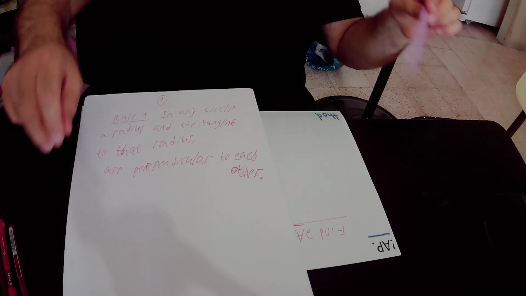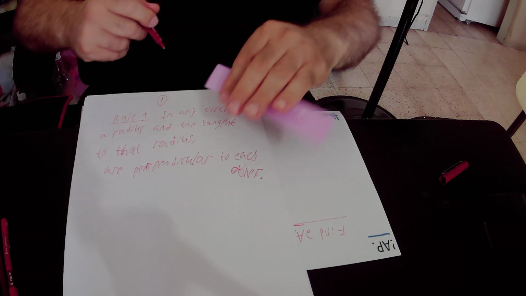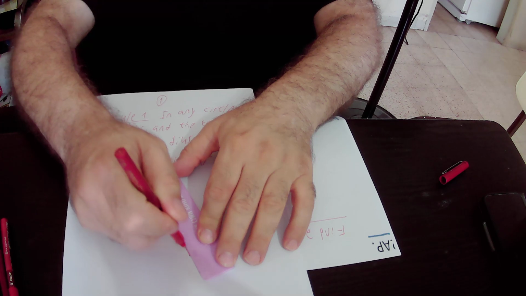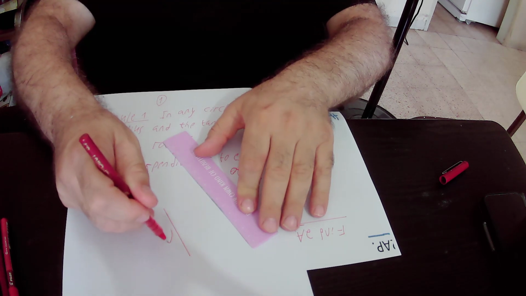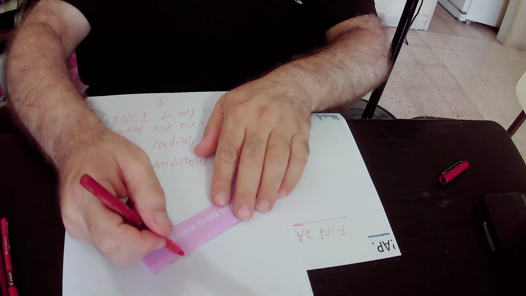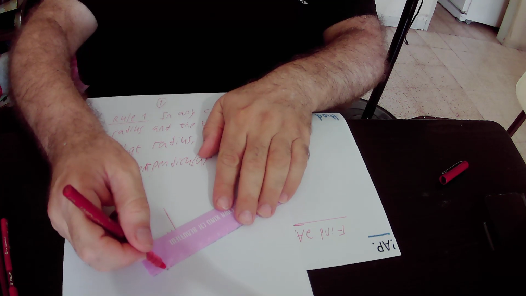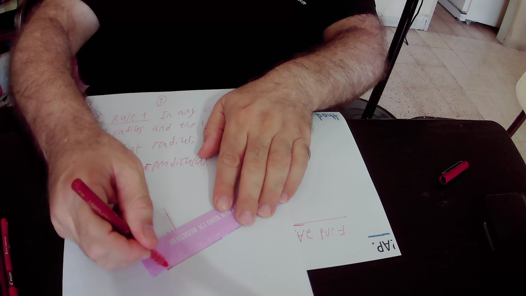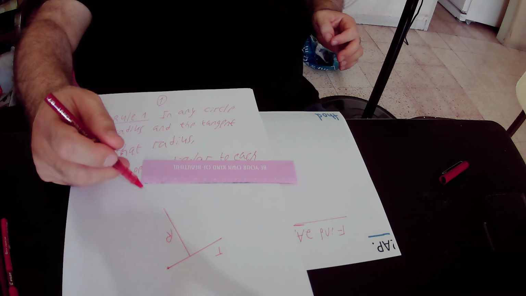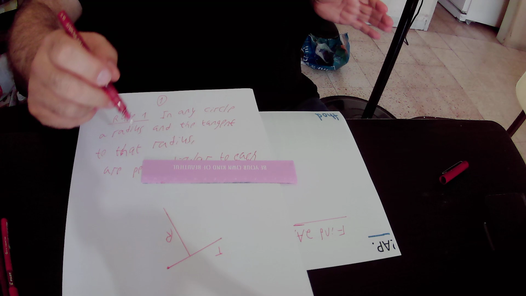I'll show you again the rule. If we have a radius, we call it R, and we have a tangent to that radius, we'll call it T, then the radius and the tangent are perpendicular to each other.